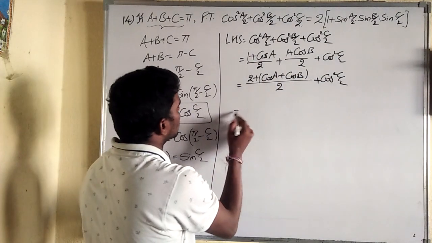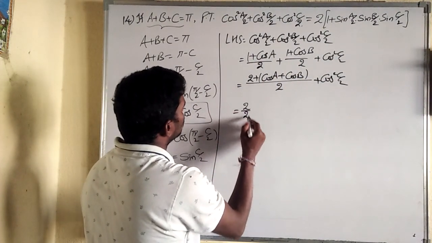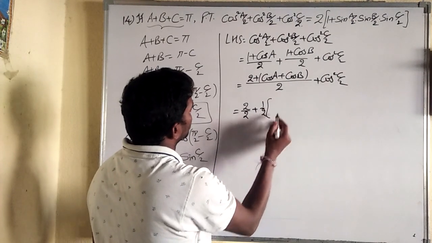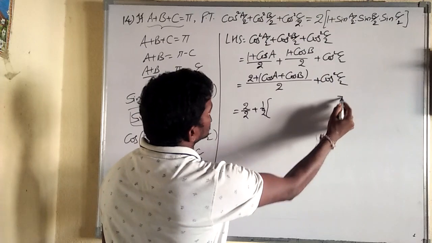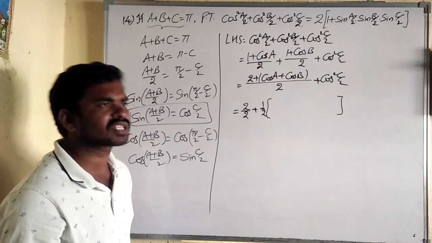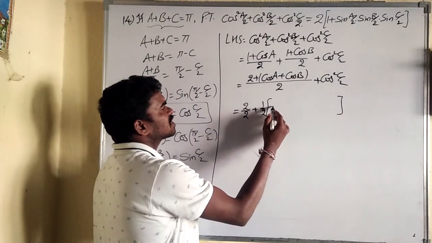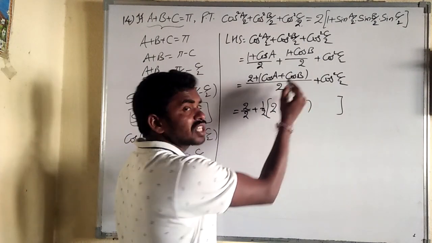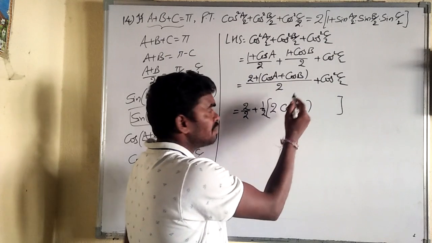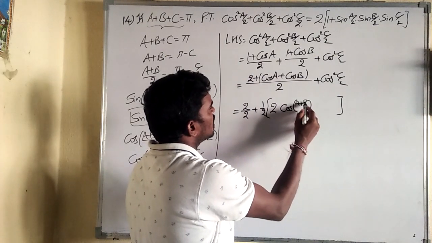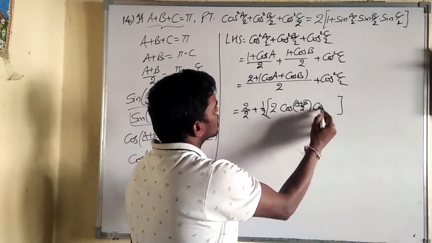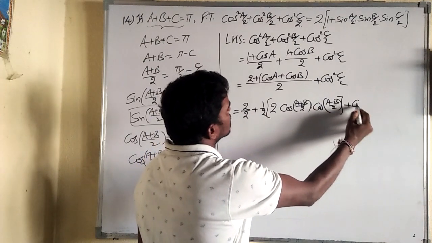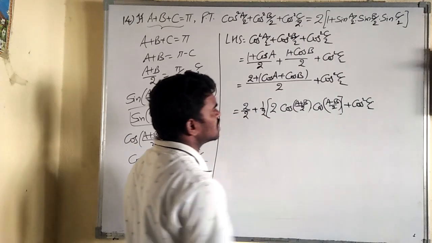So first 2 by 2 as it is, plus 1 by 2 into cos A plus cos B. Cos A plus cos B formula: apply cos C plus cos D, what is that? 2 cos C plus D by 2 cos C minus D by 2. So here instead of C, A is there, instead of D, B is there. So C plus D means we get A plus B by 2 into cos C minus D means A minus B by 2. So plus cos square C by 2 as it is.